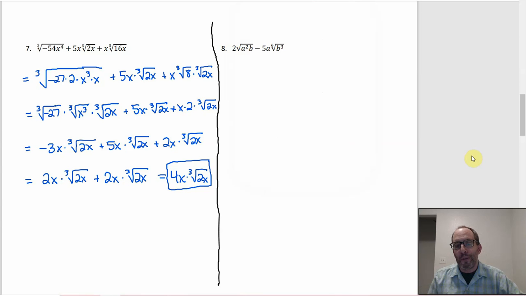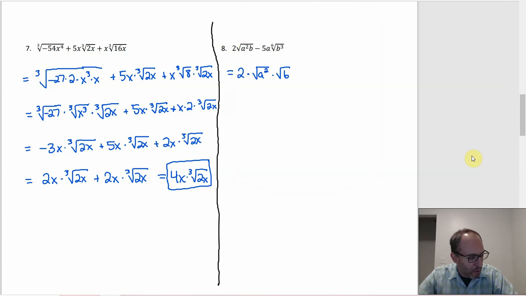Okay, so what we're going to try to do, as before, is see if we can find perfect squares underneath that radical since it's a square root. That first term, you go, well, a squared's a perfect square, isn't it? It sure is. So you'd have 2 times the square root of a squared times the square root of b.